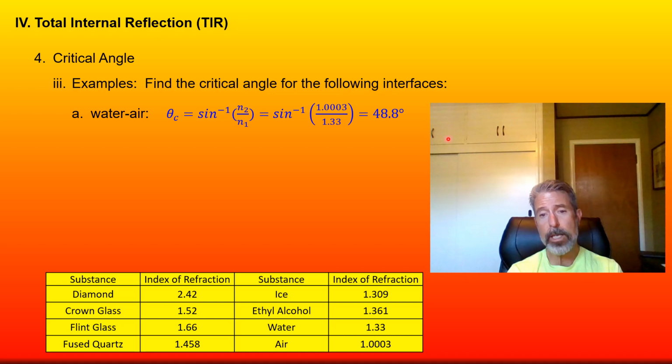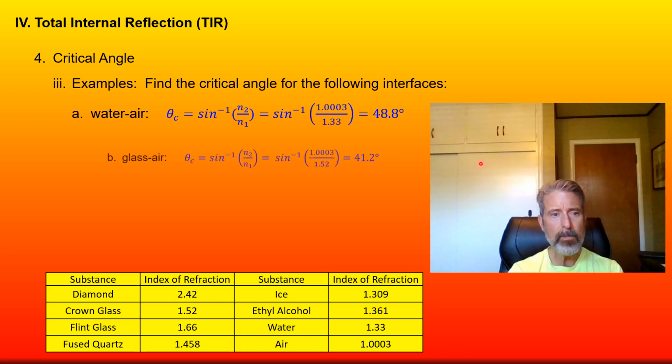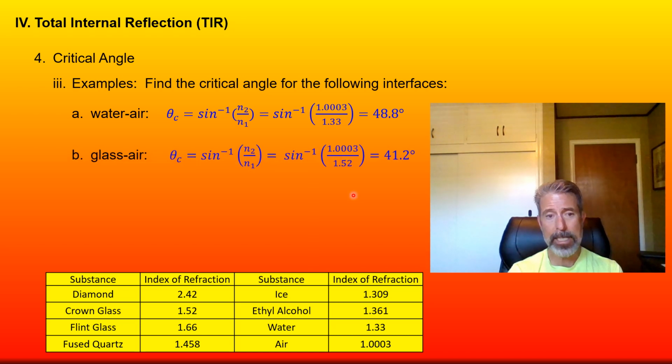So we see here 48.8, about 49 degrees, is the critical angle for water and air. If we look at glass and air, going through the same calculation here, once again the light ray must be traveling from glass into air. So we've got the index of refraction for air.